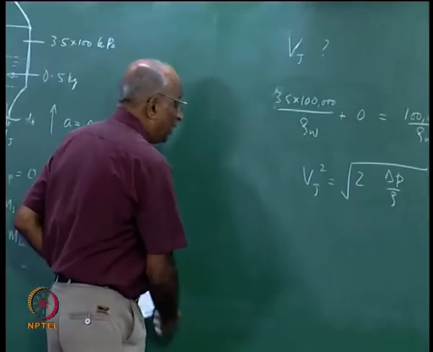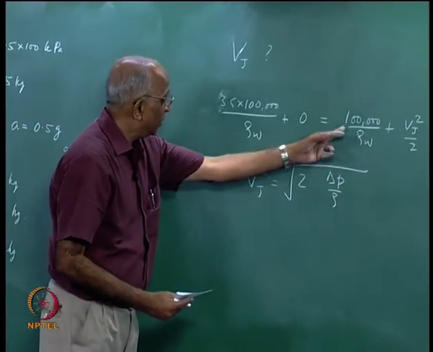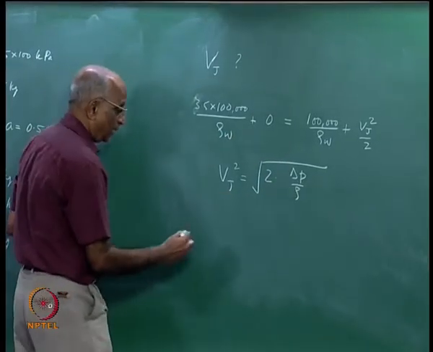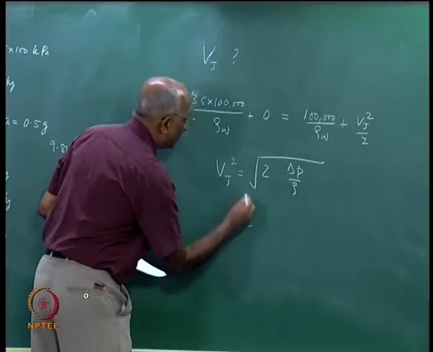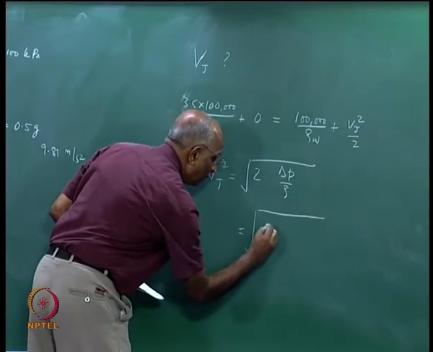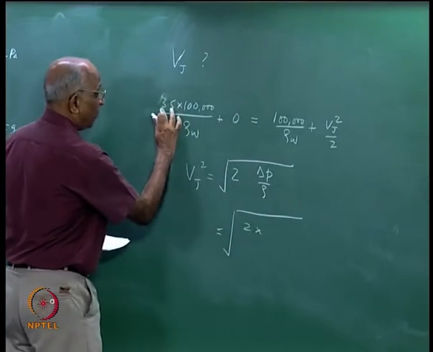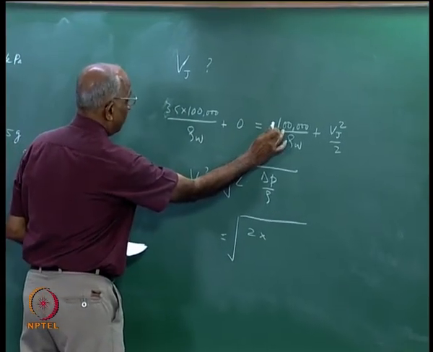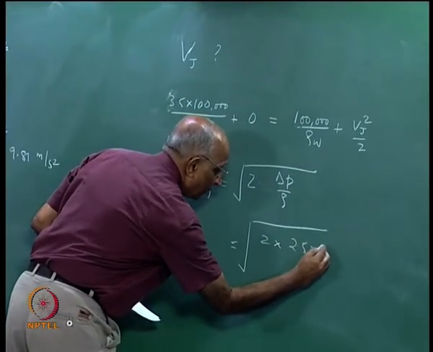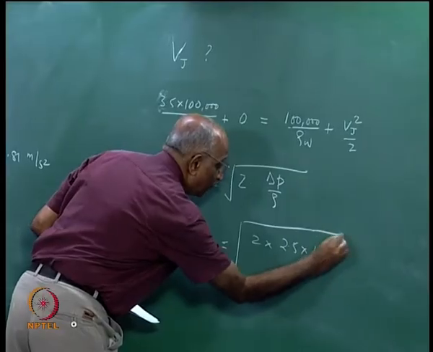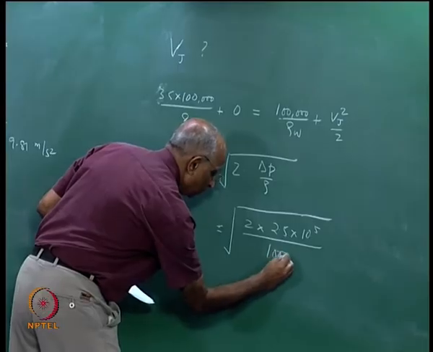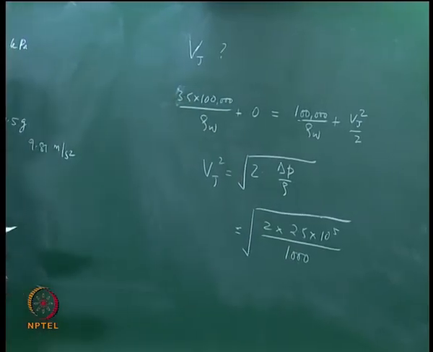We are talking in terms of Vj squared is equal to 2 delta p divided by rho, and that would have given us the same thing, namely Vj is equal to under root of 2 into (3.5 minus 1), that is 2.5, into 10 to the power 5, divided by density of water 1000 kilogram per meter cube.